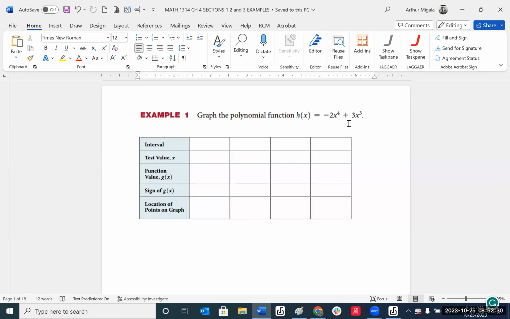Okay, we have the interval. We have the test value of x, the function value. Actually, I just put f of x.